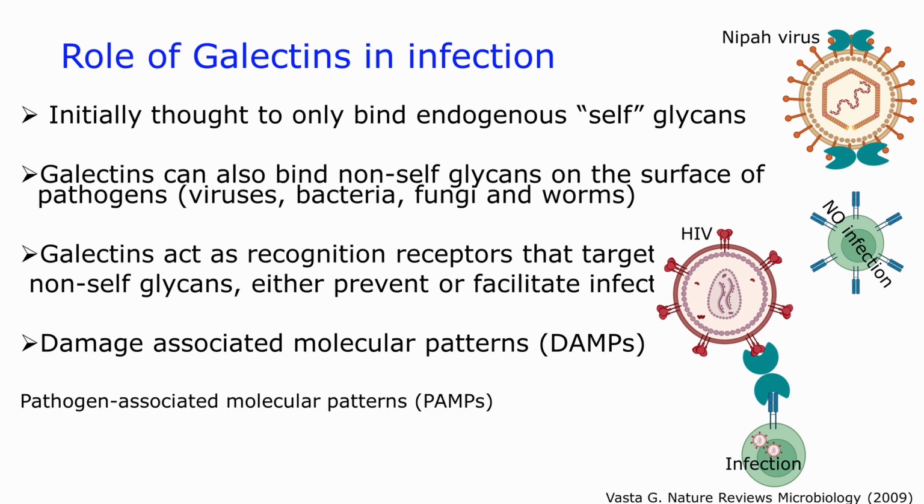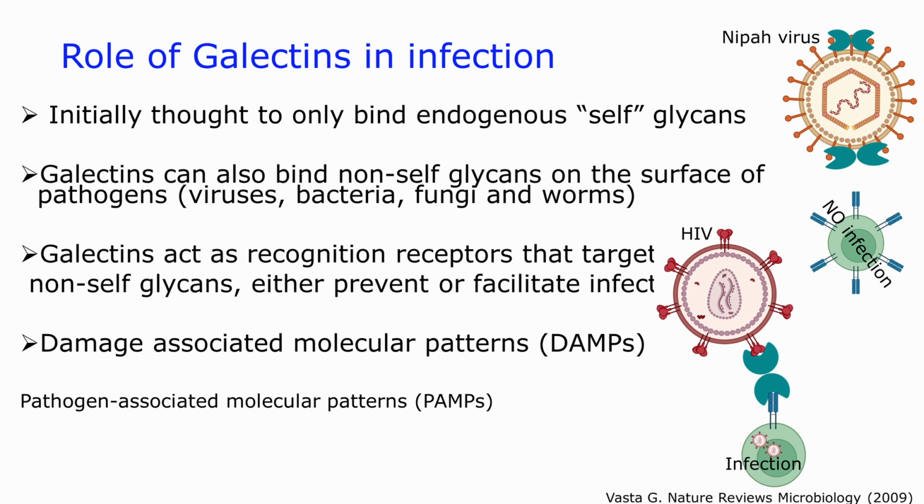Another interesting concept is that galectins can function as DAMPs, damage-associated molecular patterns. In biology, we have PAMPs, pathogen-associated molecular patterns. This means that our innate immune cells recognize different components of pathogens, like, for example, LPS and flagellin.